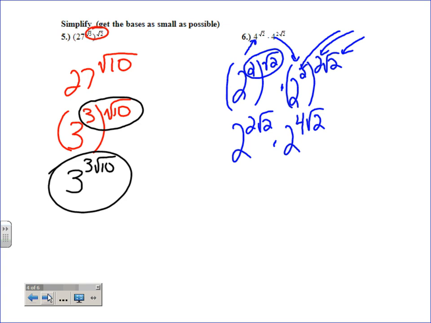Now, in that last division problem we had, once we got the base, see how this is multiplying different bases, or 2 separate bases? Once you get them the same, write it down. What do you do with exponents at this point? Up here, when it was a power to a power, I multiplied, right? So now what do I do when they're separate bases, or separate exponents like that? You add them.